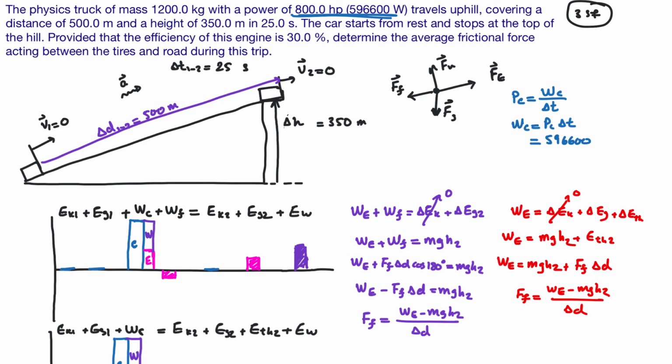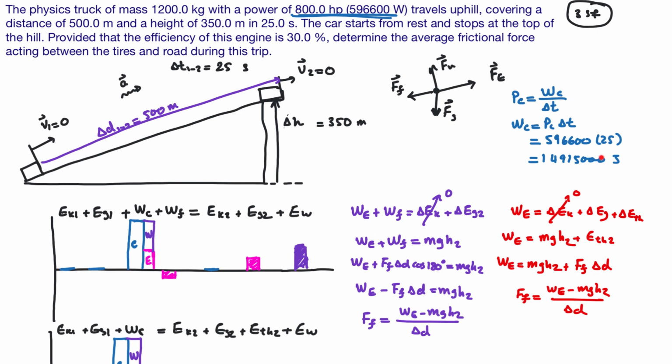Multiply that by the time, 25, and I will get 14,915,000 joules. So that's the total amount of energy that will be used by the fuel over the 25-second period.